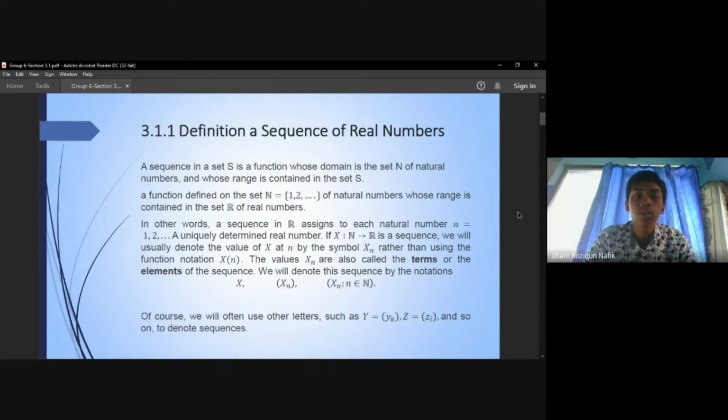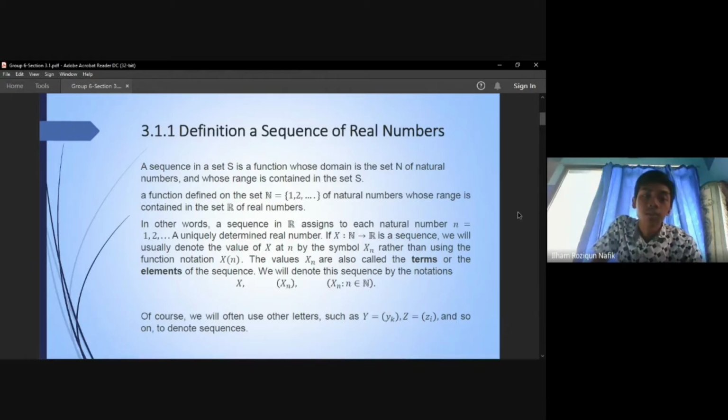We will usually denote the value of X at n by the symbol xn rather than using the function notation X(n). The values xn are also called the terms or the elements of the sequence. We will denote the sequence by notations like this.